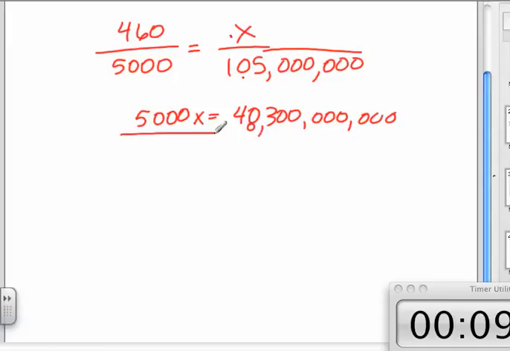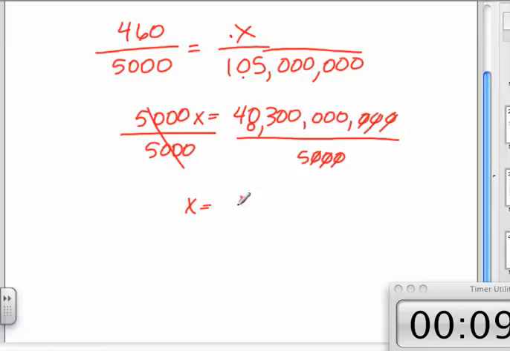Okay. So then I'm going to divide by 5,000 on both sides. And remember, I can always cancel out terminal zeros. So now x is equal to 48,300,000 all over 5. Can someone divide that for me and tell me what that is?